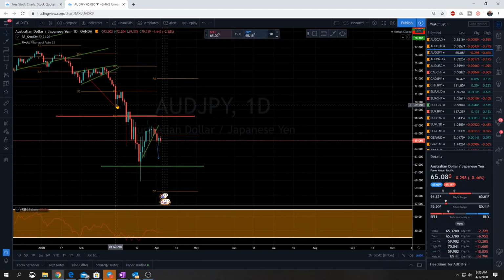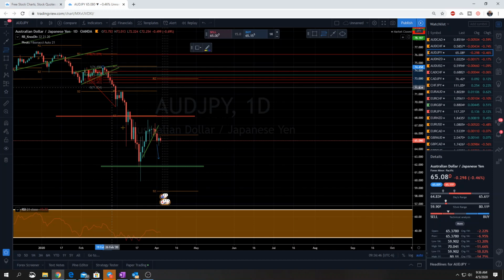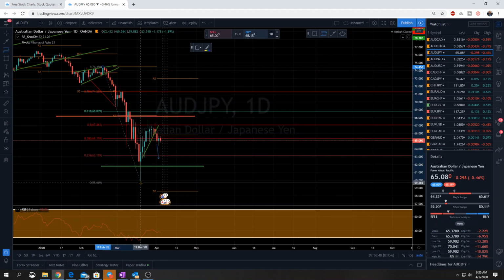Australia JPY, same thing. If you want to see that, it didn't quite get to the 618, but we got in this go zone in between, and we're starting to stall out. And on all of our other yen pairs, we're seeing the strength in the yen.